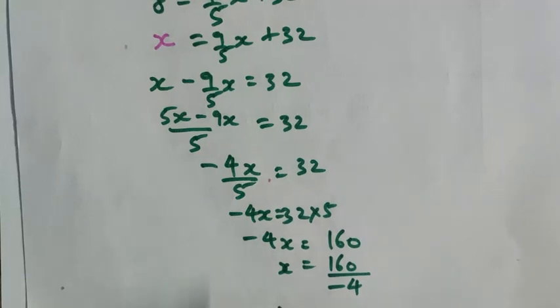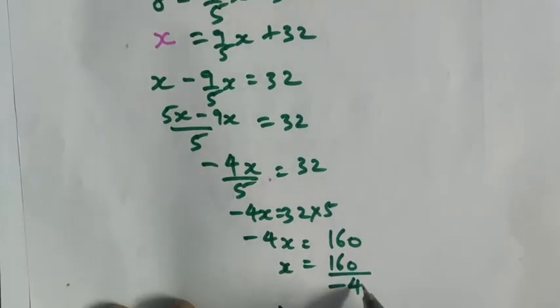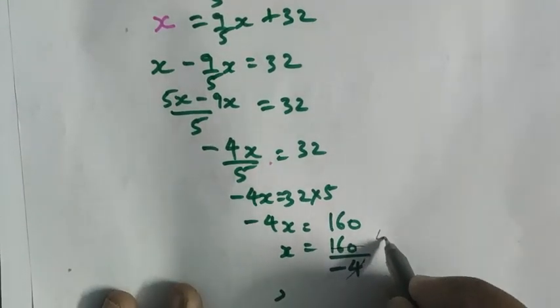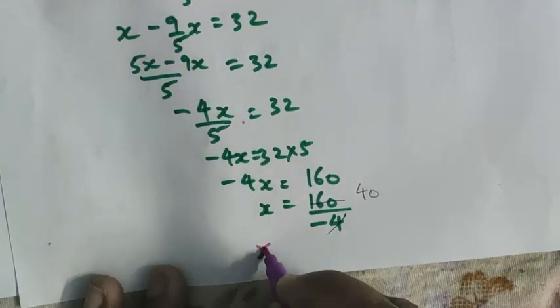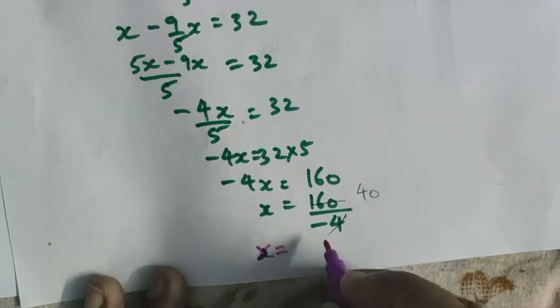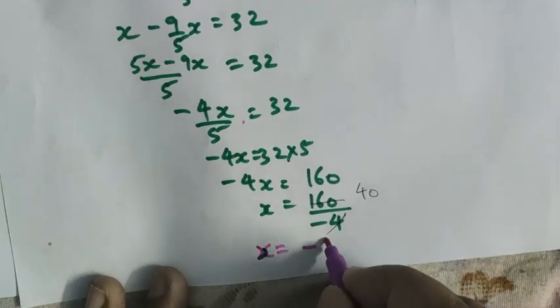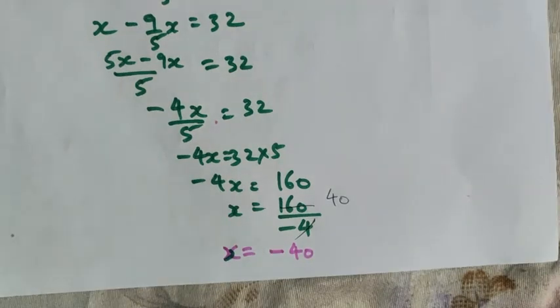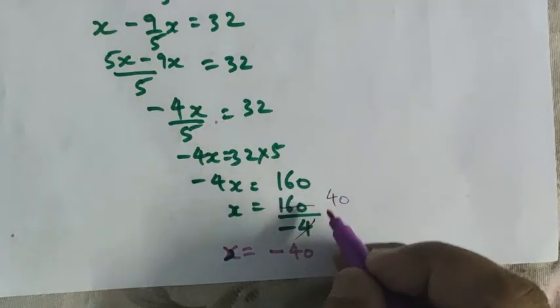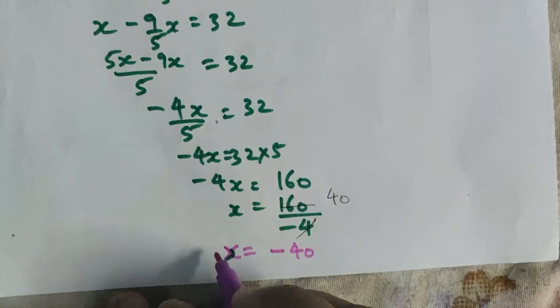That means if you solve it, 4 4s are 16. So the value of x equals what? Minus 40, because 40 divided by minus 1 is equal to minus 40.